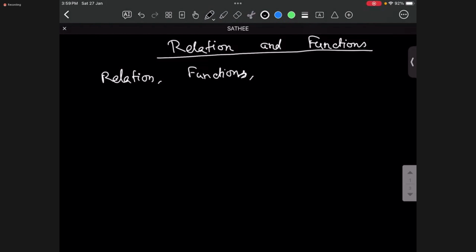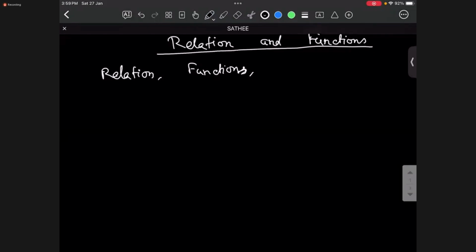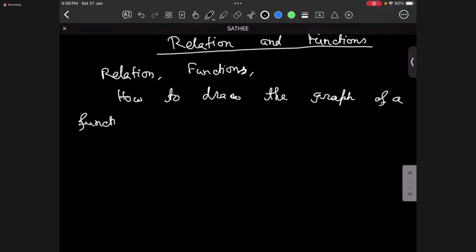After that we saw how to draw the graph of a function, and also some beautiful examples of functions like the greatest integer function, signum function, modulus function, and rational functions, and many other things.